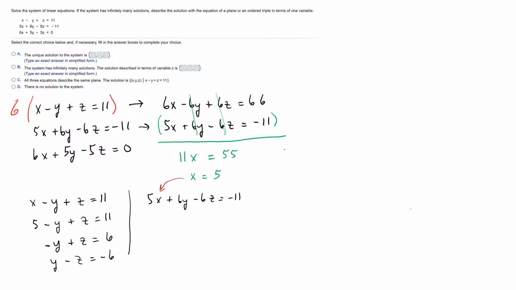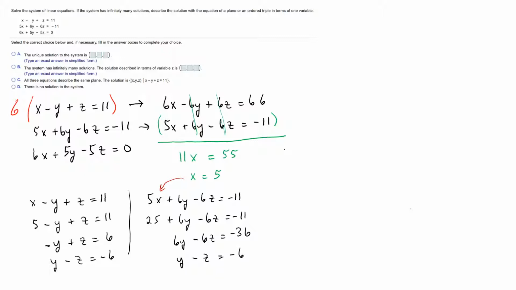Alright, so now I'm going to take x equals 5 and plug it into this equation, the second one in the original system, so I get 25 plus 6y minus 6z equals negative 11. And I'm going to subtract 25 from both sides, so 6y minus 6z equals negative 11 minus the 25 would be negative 36. Notice that I could divide this equation by 6, and that would give me y minus z equals negative 6.